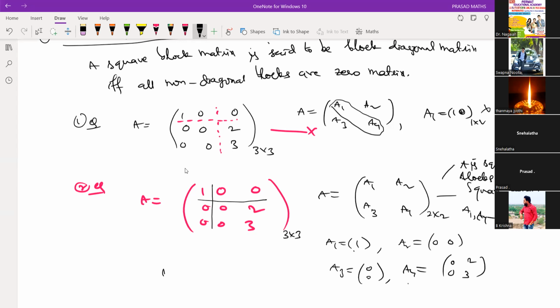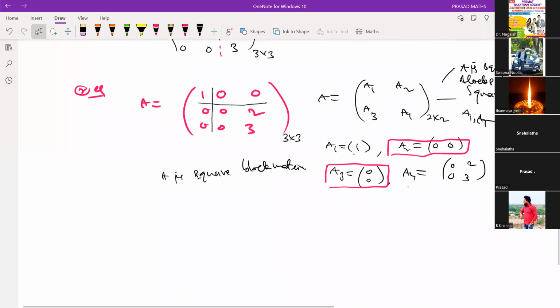Therefore, A is a square block matrix. Question: is it a block diagonal matrix? The answer is yes, because of the off-diagonal blocks. These two are the off-diagonal blocks, and they should be zero matrices. A2 is a zero matrix, A3 is also a zero matrix. Therefore, A is a block diagonal matrix.